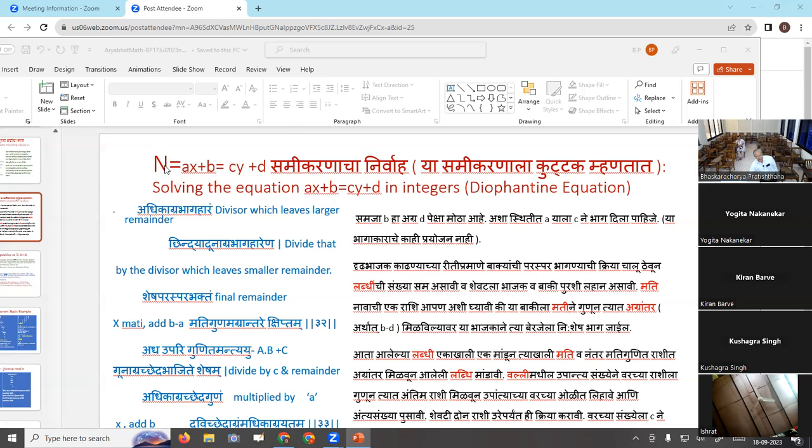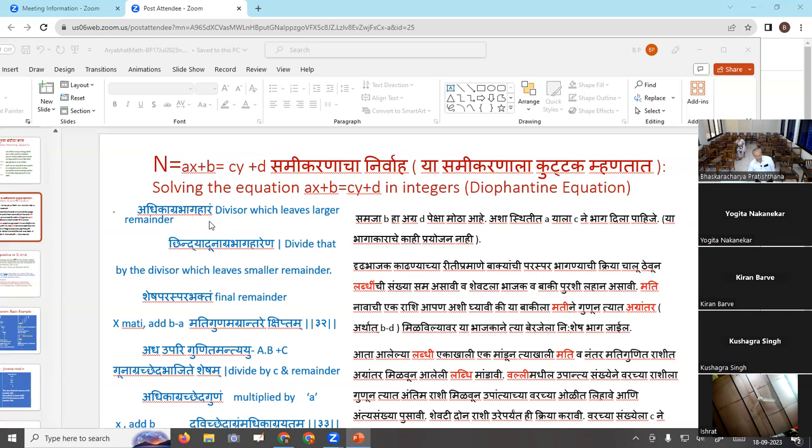And if you divide that number N by c, then the remainder is d. So in other words, capital N should be equal to ax plus b, and it should also be equal to cy plus d. So b and d are remainders, therefore they are respectively smaller than a and c.